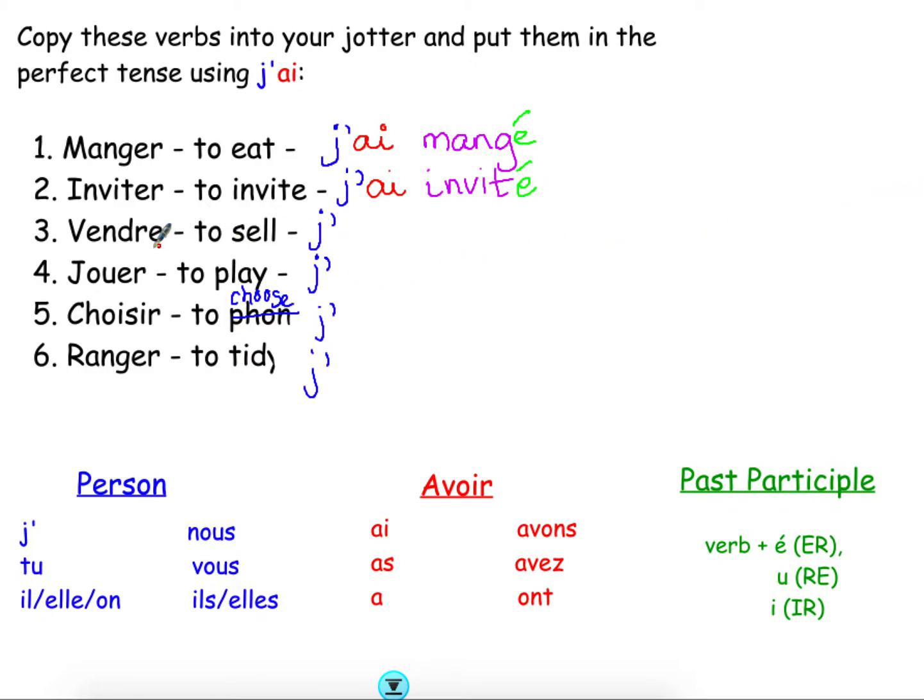Next one, vendre, to sell. Okay, this is an RE verb, so this is slightly different, but the start is the same. J'ai vend. Okay, we take off the RE here. And then let's have a look. We go and we add a U. Okay, so j'ai vendu.